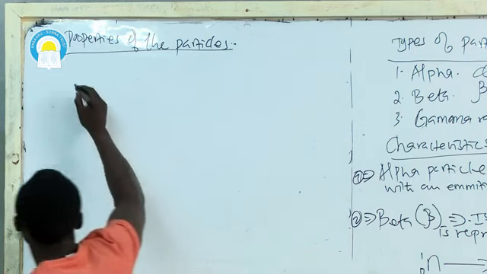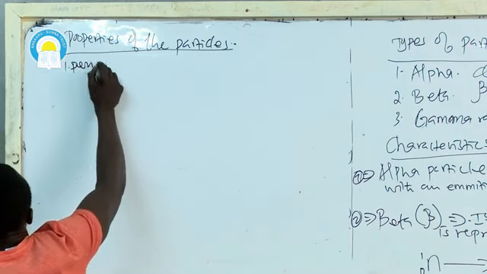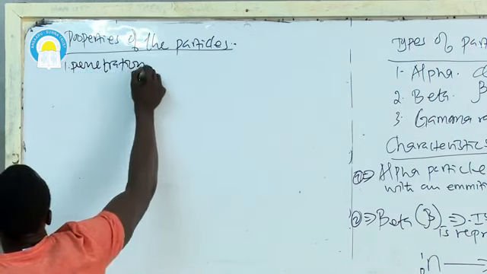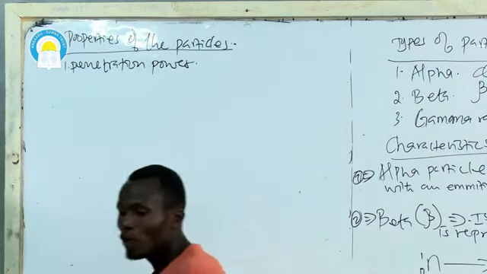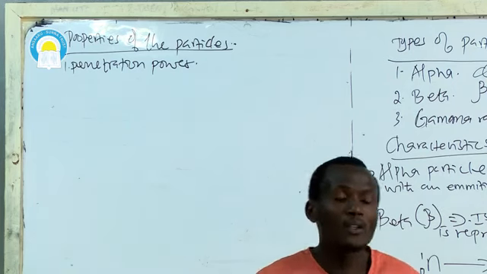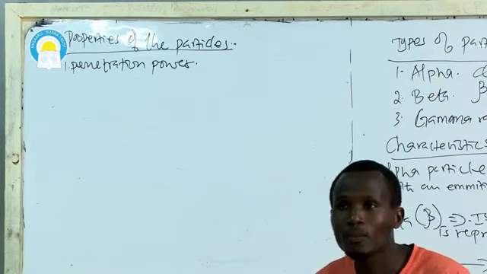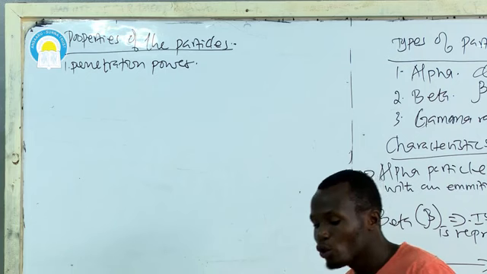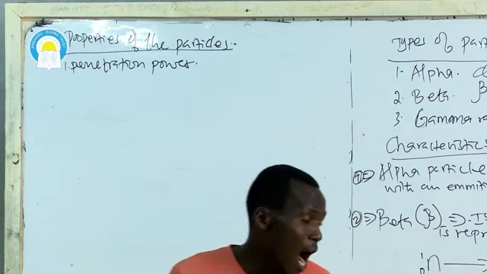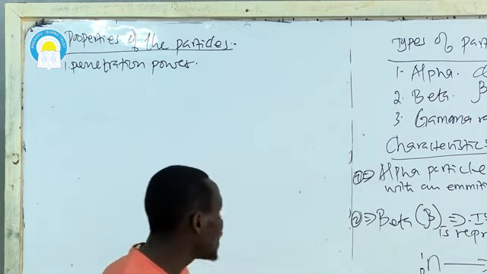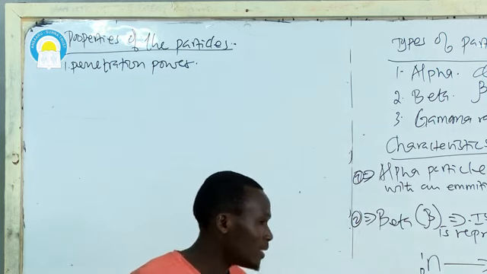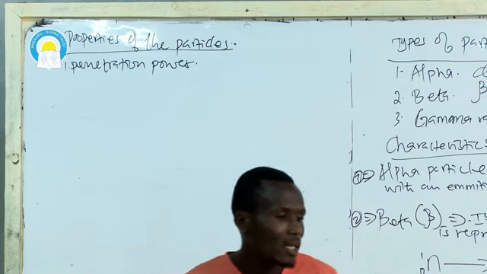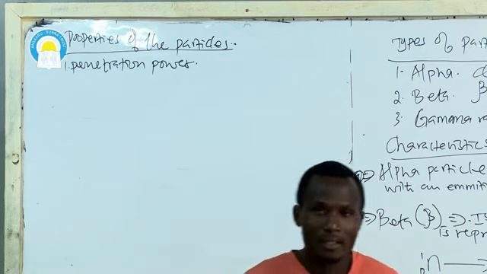So the first one is penetration power. When we talk of penetration power, we are trying to check how far the alpha particle, beta particle, or the gamma rays can penetrate certain objects.